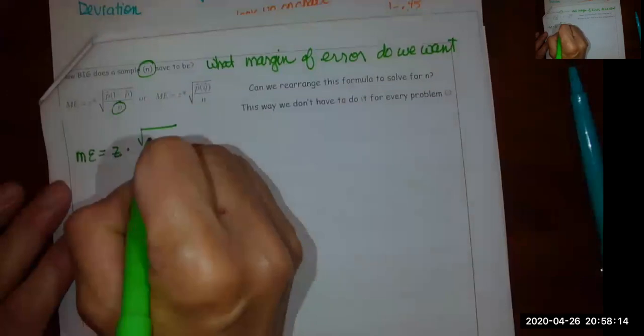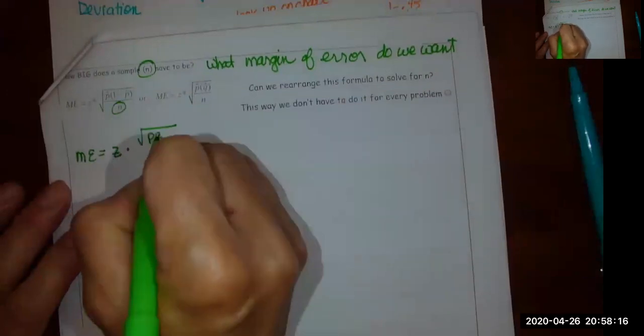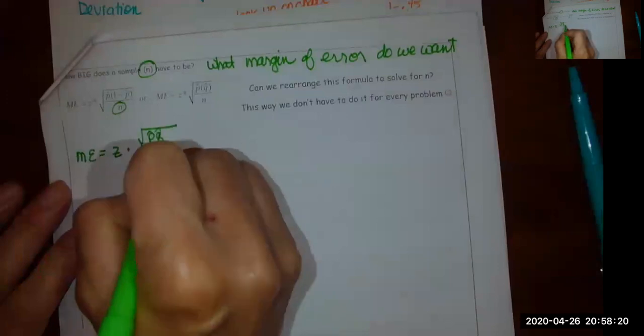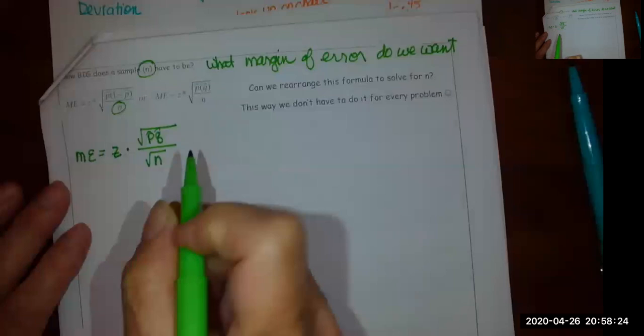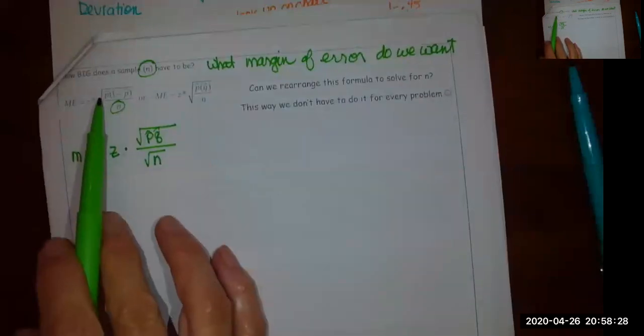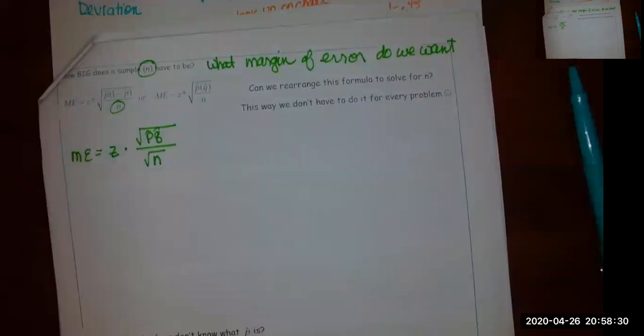I would say margin of error equals z times the square root of P hat Q hat over n. And I want to be clear on one thing, I don't think I've mentioned, this can be P or P hat. You can have P hat, Q hat, or PQ, whatever information you have to work with, okay?